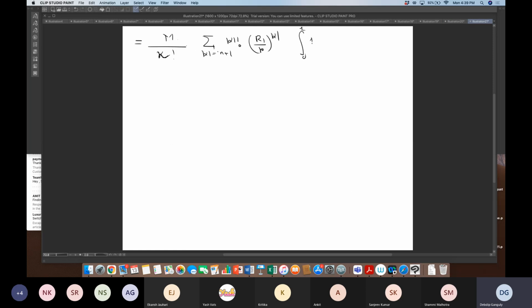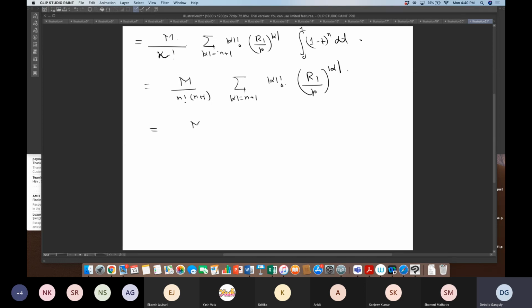And the integration of (1 minus t) to the power n dt, 0 to 1, stays here. If I do the integration, it will be M into n factorial into n plus 1, because n plus 1 by n plus 1 from 0 to 1 is 1. So summation over mod alpha equal to n plus 1, mod alpha factorial, and I will be getting r1 by r to the power mod alpha.